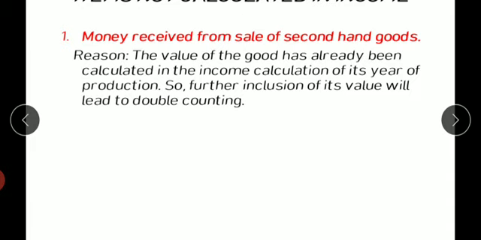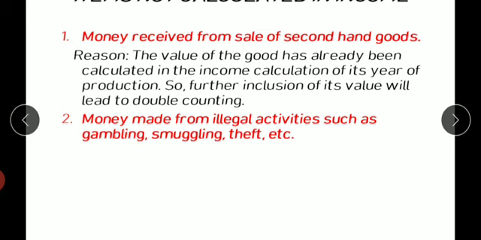Its value has already been included in the year 2015. That's why whenever we sell second hand goods, the money we receive is not included. Its market price has already been included in the year of its production.